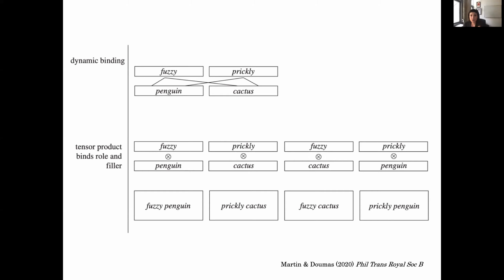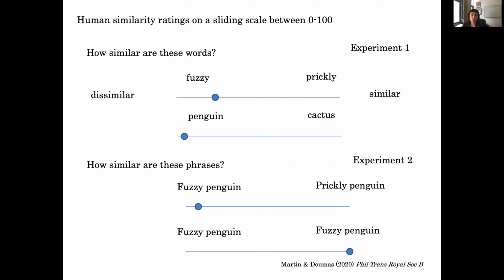Now, to get at whether the limits on representing similarity in a tensor product-based neural system actually intersect with human knowledge and behavior, we did two behavioral studies. Here we varied the similarity of individual words, first computing their cosine similarity in word2vec for our set of materials.